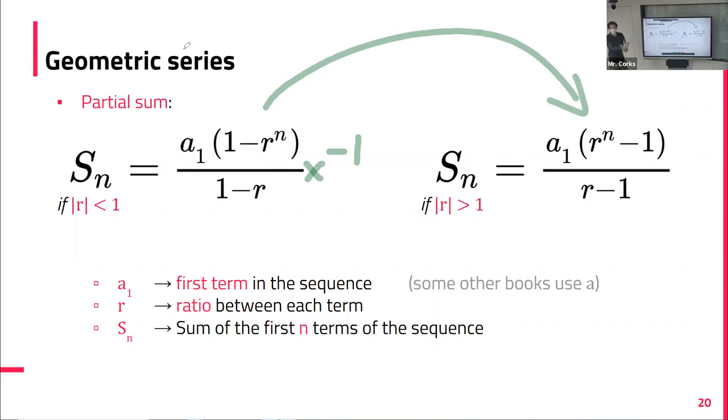Can we do this in a way where we don't change the result? If we multiply by -1 over -1, it's just 1.